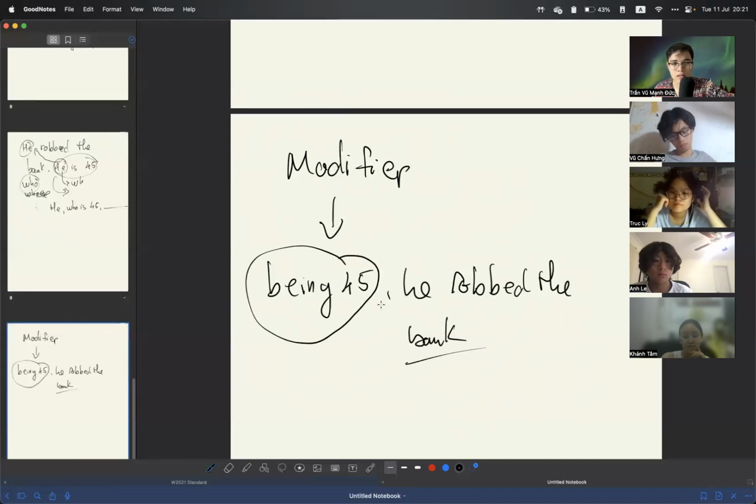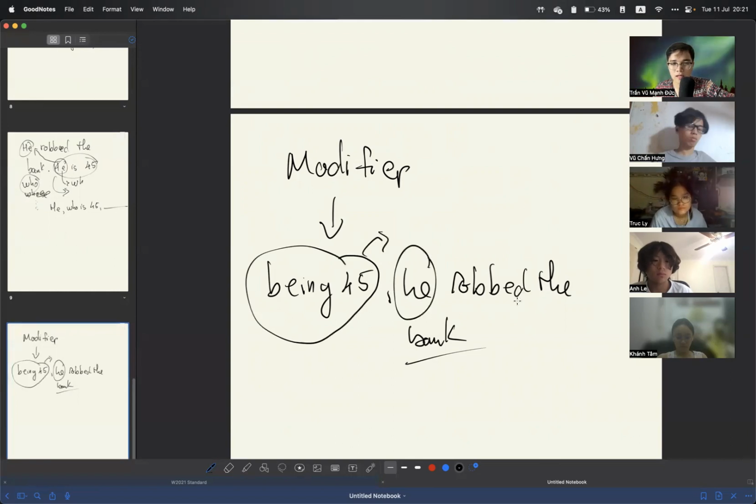And it is in front of or right beside the subject or the word it is supporting or defining. He robbed the bank and he is 45. It's very easy to understand, right? Or you can say this: he, being 45, robbed the bank.